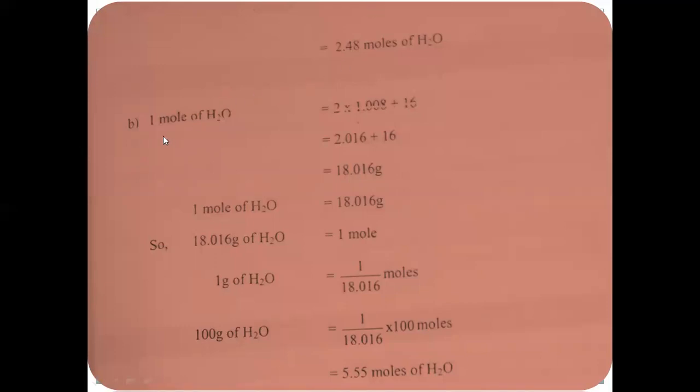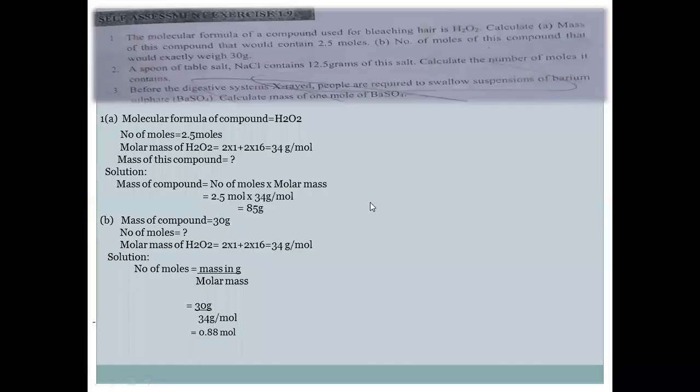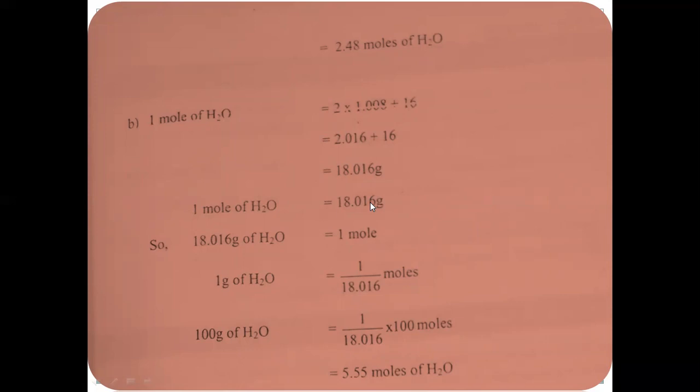Now B part, 1 mole of water. 1 mole of water mass is 2 into hydrogen 1.008, plus oxygen 16, 2.016 plus 16, 18.016 gram is the molar mass of water. 1 mole of water is equal to 18.016 gram. So 1 gram is equal to how much? 1 divided by 18.016.